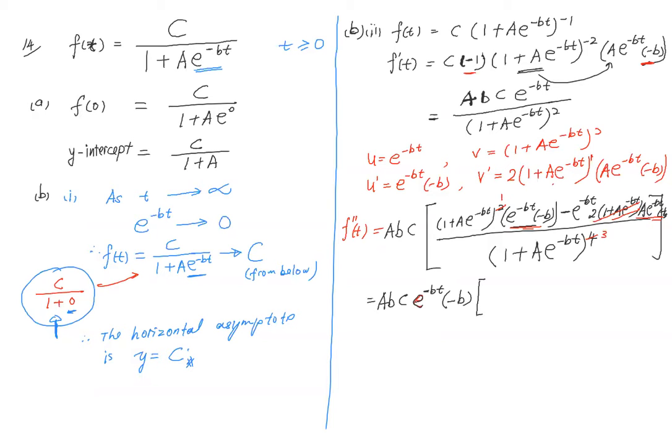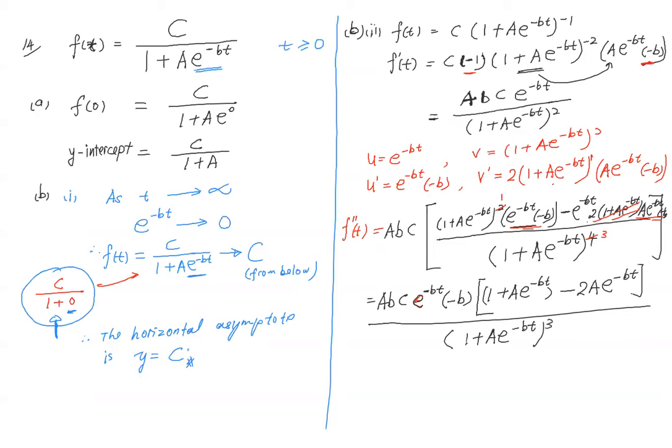Then after that, open bracket, 1 plus A e to the power of negative bt. There is the front one, take away. Here there is a 2 here, there is an A here. 2A e to the power of negative bt. Close. Divide. So, exam, we may ask you to do like that.